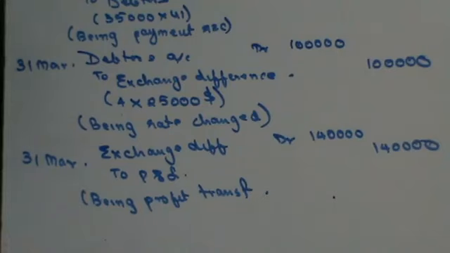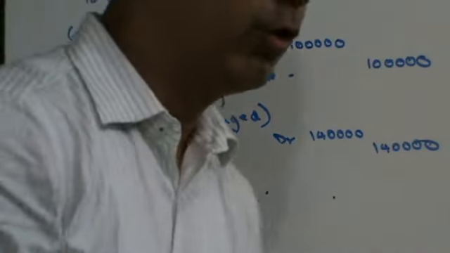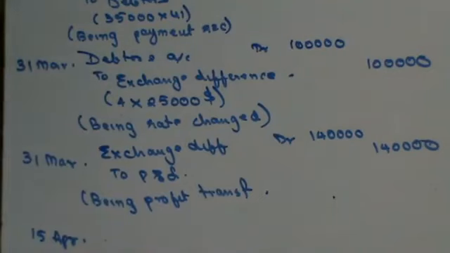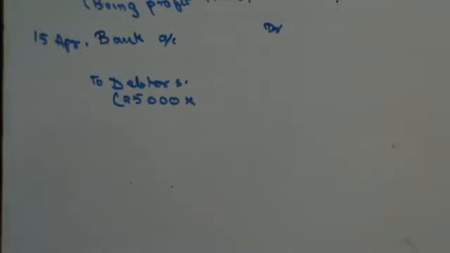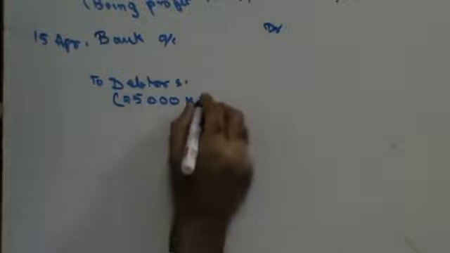Now, on 15th April, you have received the balance payment at the rate of 44. You have received payment. Money is coming in. Bank account debit, leave a line to debtor account. Since you have changed the rate, you will have to write the 31st March rate for the debtor. 31st March rate for the debtor was 45.